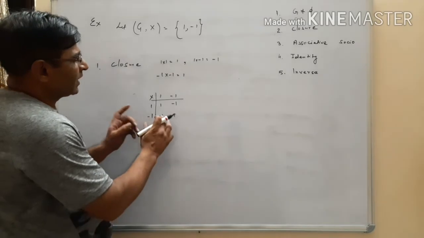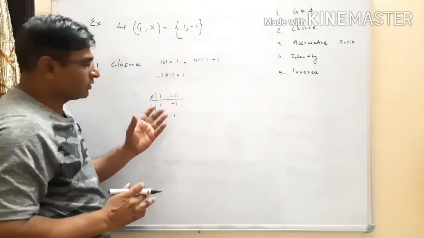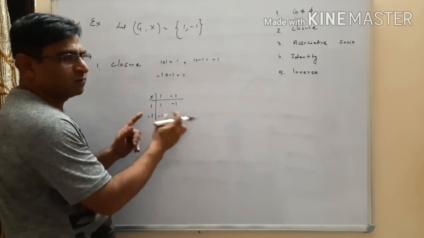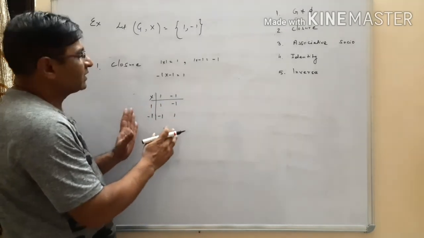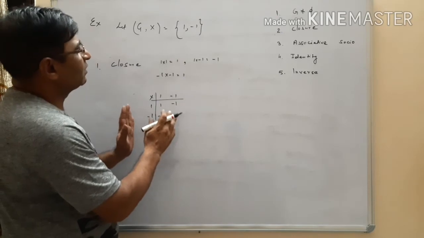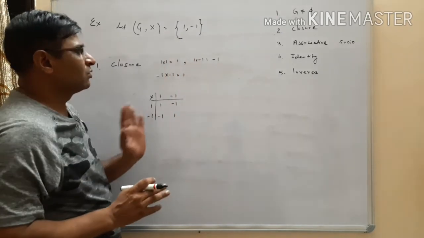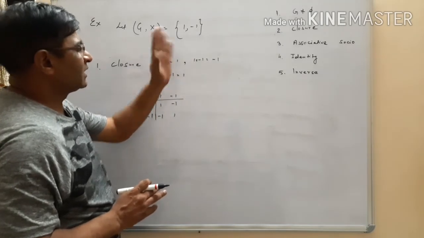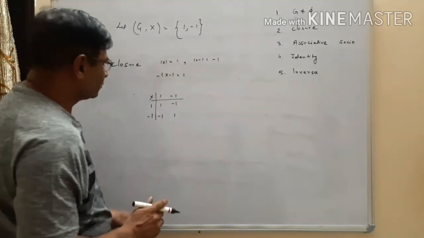So you see, however we multiply these two elements with each other, the result is always 1 or minus 1. That means the result will always fall in G, it will not go beyond the given set G. Now we check the associativity.